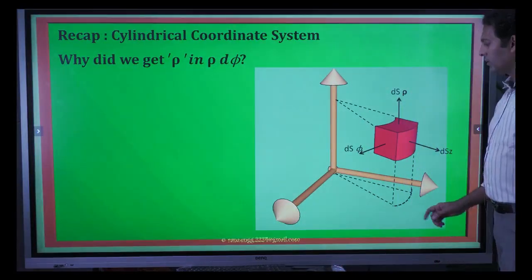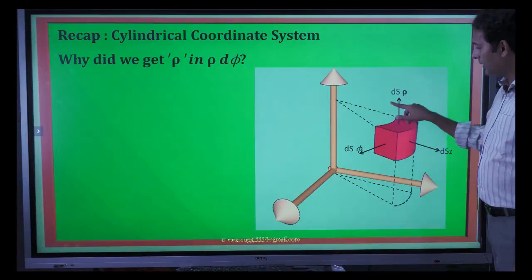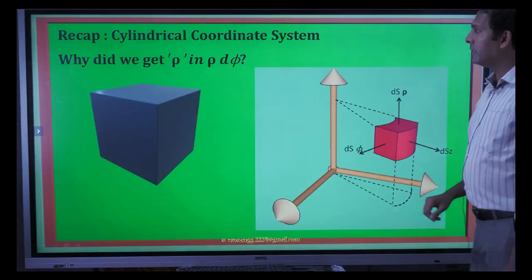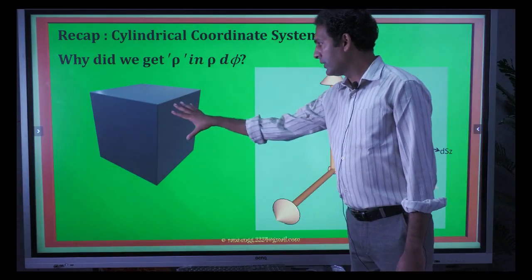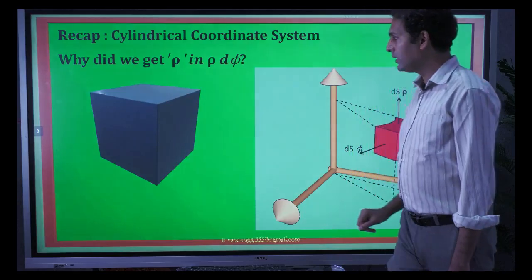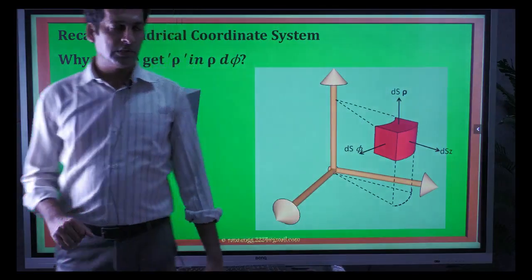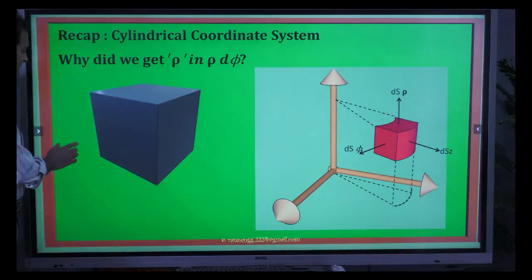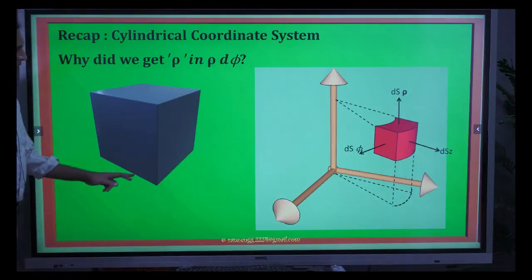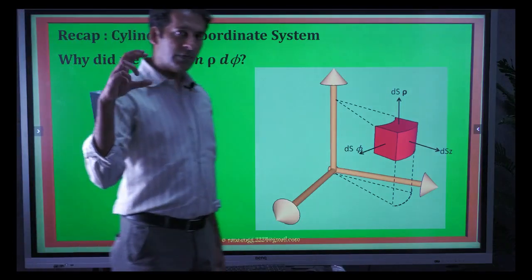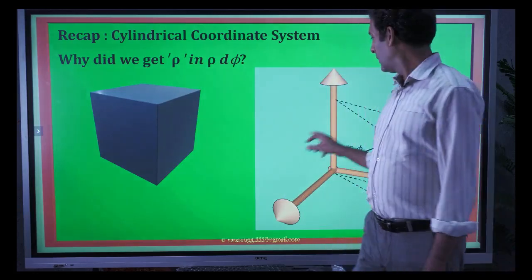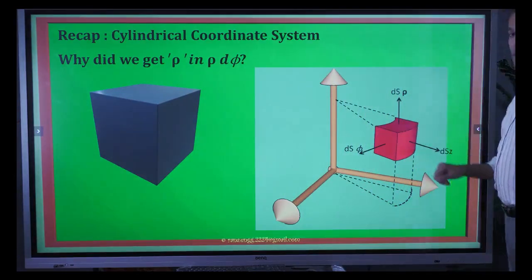We also discussed why there is an additional r in the cylindrical coordinate system. In the Cartesian coordinate system there were no curves, just straight lines in all directions. But in a cylinder, if we take out a small piece of volume, we get one curved path.